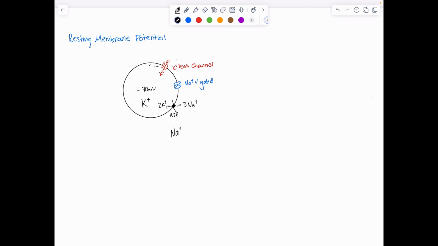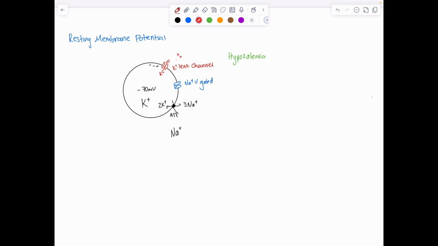And so, for example, let's say we have hypokalemia. Hypo means less and emia means blood. So we're going to have less potassium on the outside of the cell.